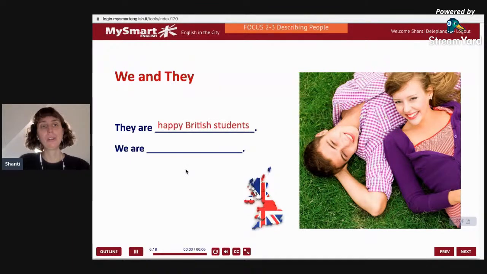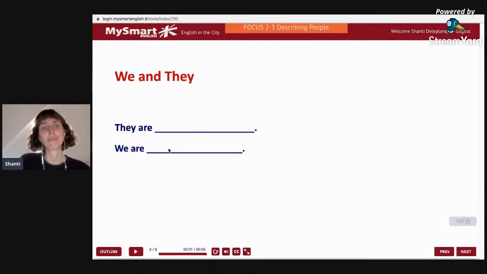For example, they are happy British students. We are, you can see, they are, depending on the photo, we can describe them as they are. Let's see the next example.